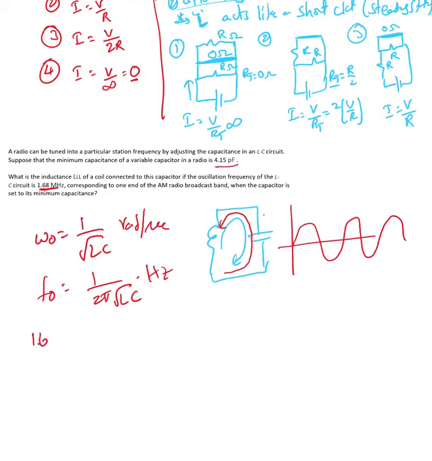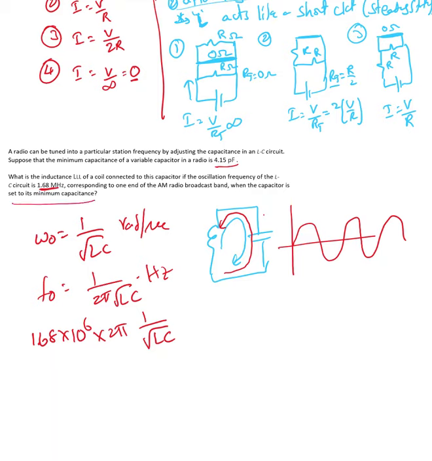So that value is 1.68 mega, which is 10 to the power of 6, times 2 pi, equal to 1 over square root of LC. The question is about one end of the AM radio broadcast band. When the capacitor is set to the minimum capacitance, what is the L value?